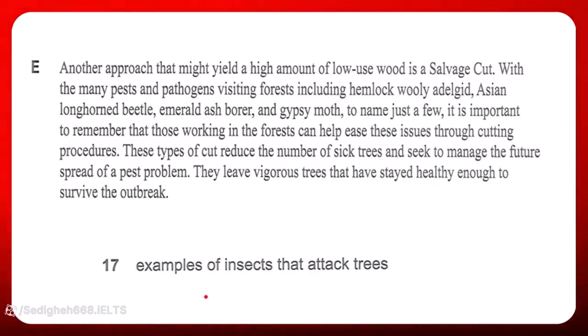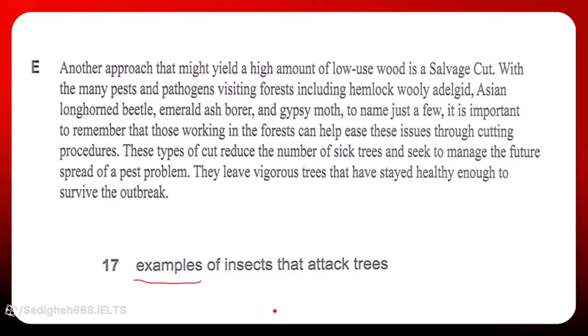Question number 17: examples of insects that attack trees. So here we should find examples, not just one example, of insects that attack trees. Again, we start reading the paragraph from the beginning at a normal speed.